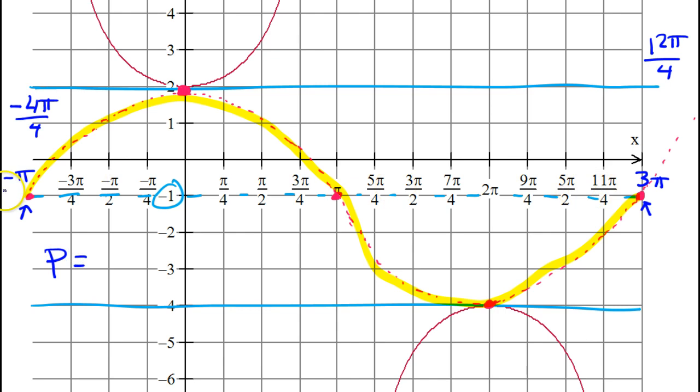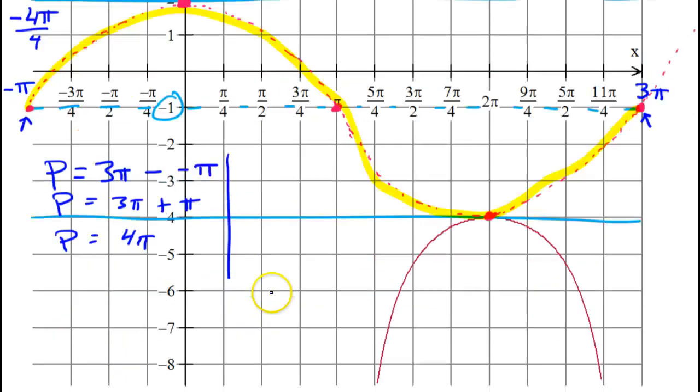But if you can't just see it, then I could subtract 3 pi minus negative pi. So the period is 3 pi plus pi, which is 4 pi. I hope you could see if I go 1 pi to the left and 3 pi to the right, that's a total of 4 pi. So the period is going to be 4 pi.